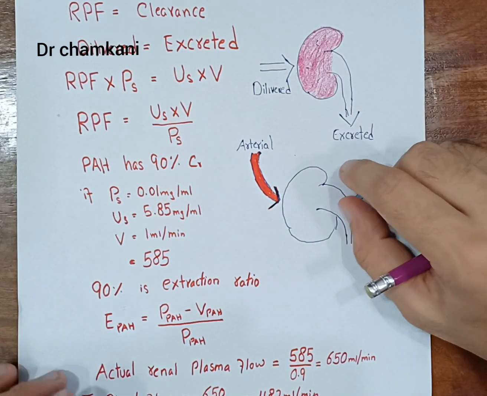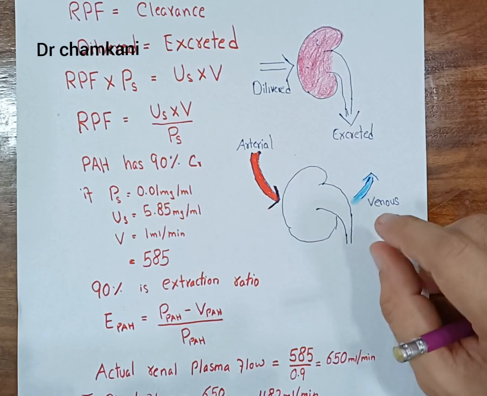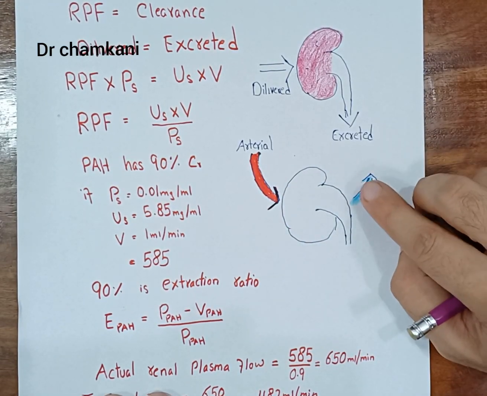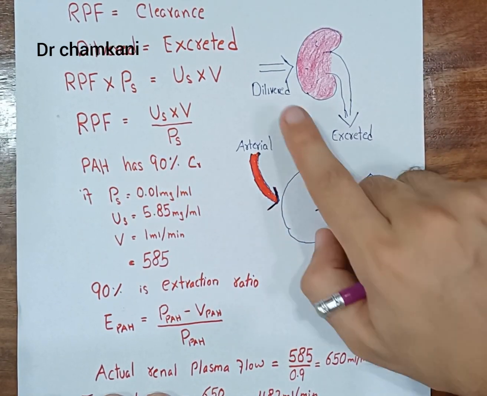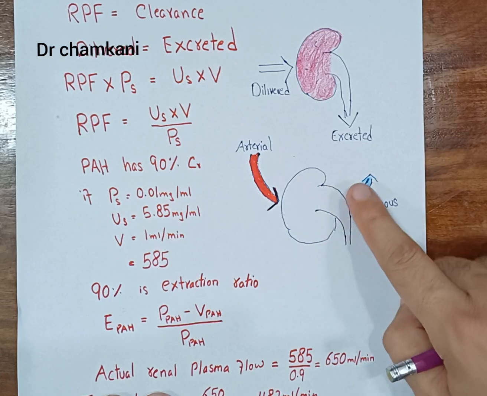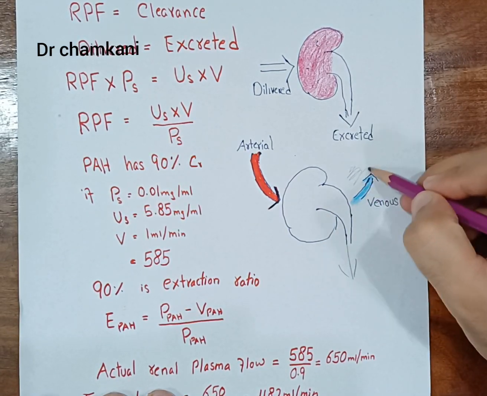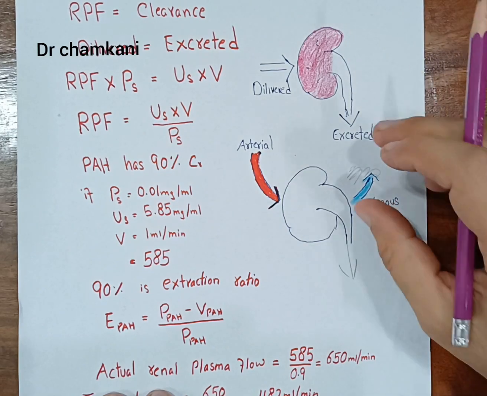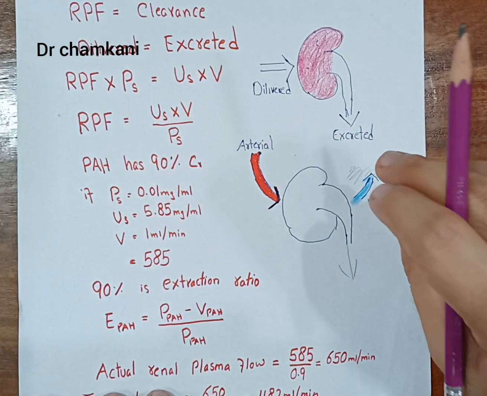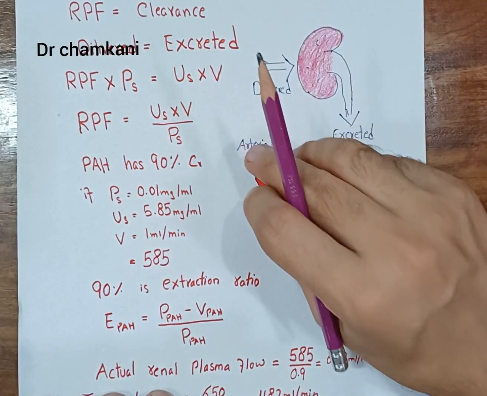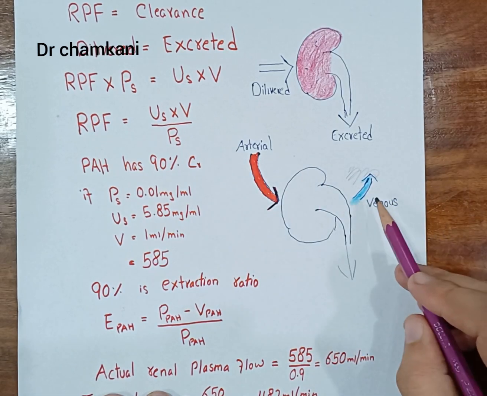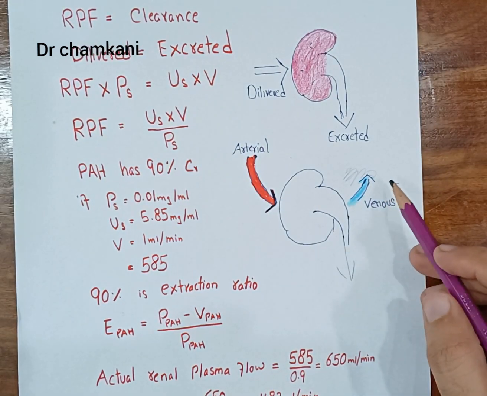So we subtract the amount of PAH remaining in the venous blood, because 100% is coming to the kidney, 90% is excreted, and 10% remains in the venous blood. And how do we know that this is 10%? By calculation of the PAH in the arterial side and the PAH in the venous side.